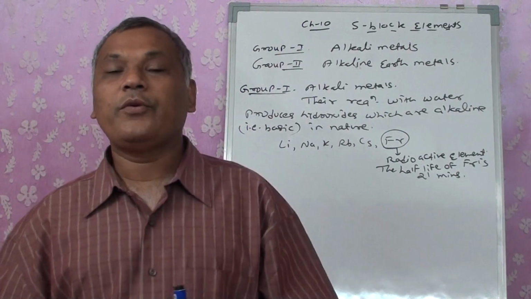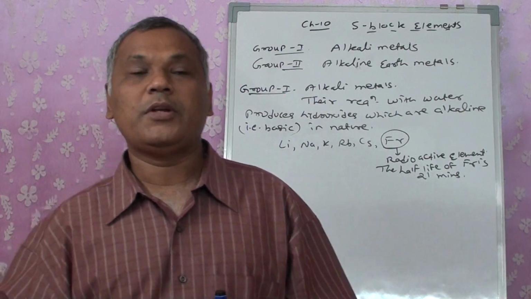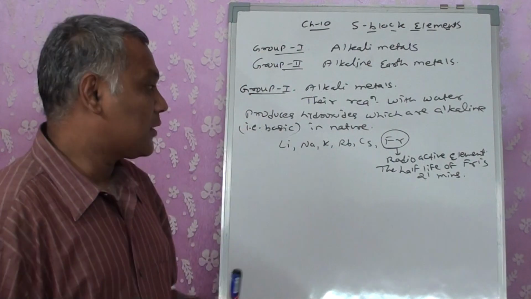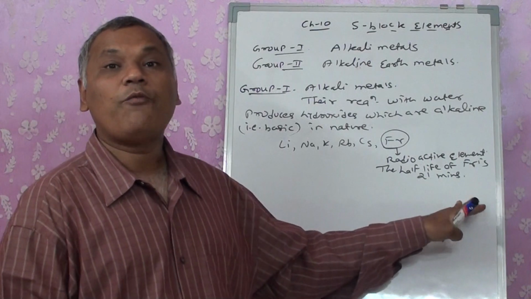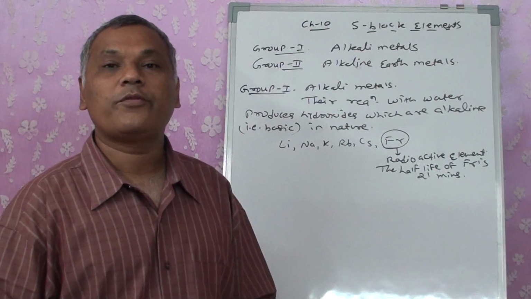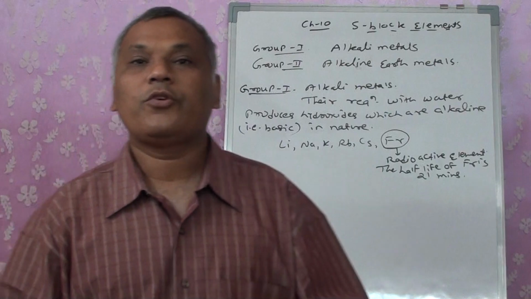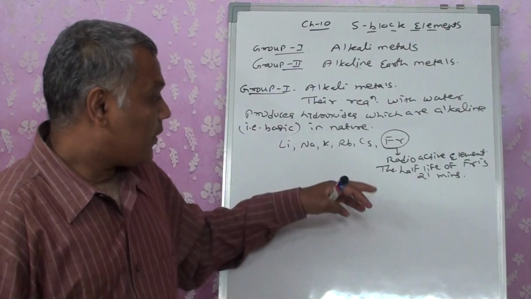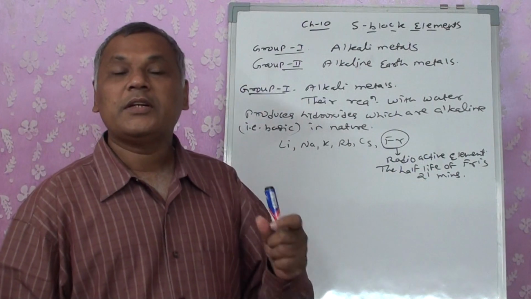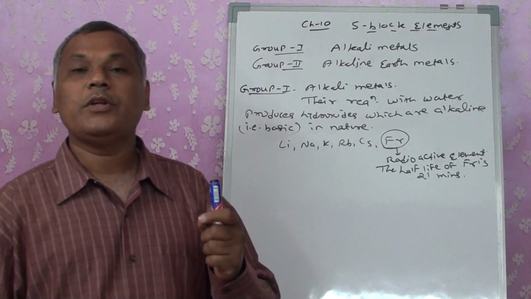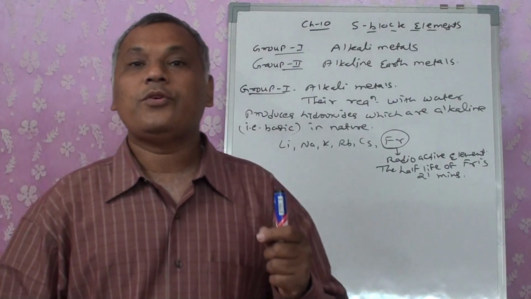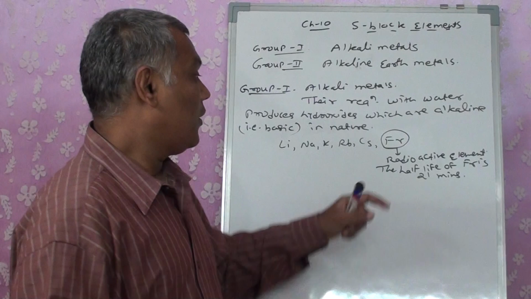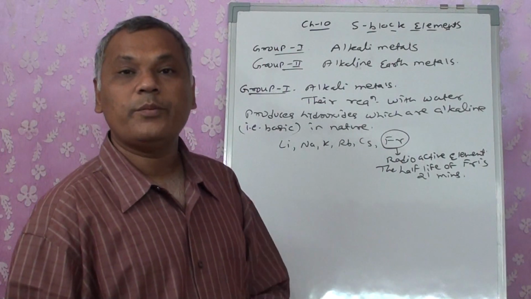Because it's radioactive, it emits alpha, beta, gamma radiations and decomposes itself into half. If you take 500, after 21 minutes you will have only 250. So the definition of half-life is the time required for a component to decompose into half of its initial concentration. Francium needs 21 minutes.